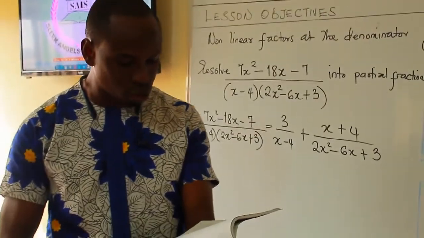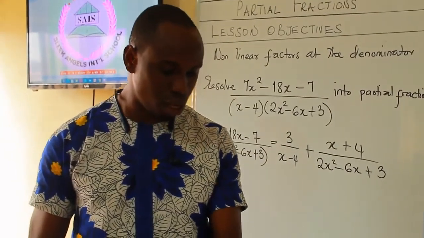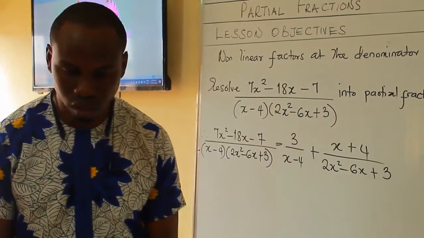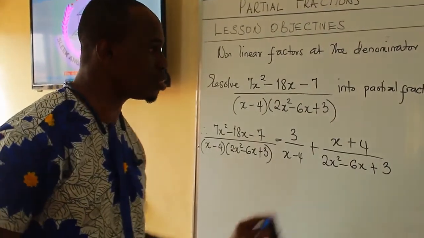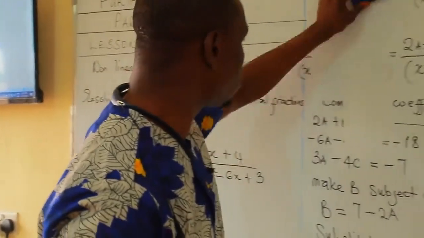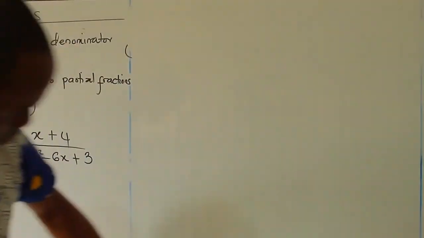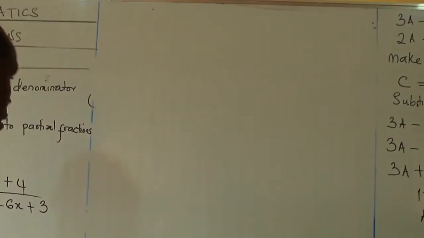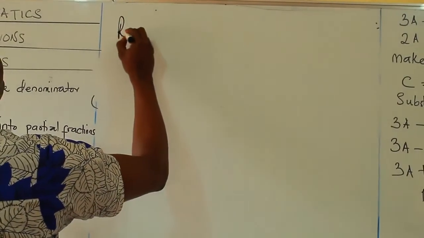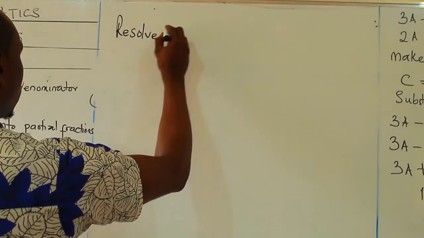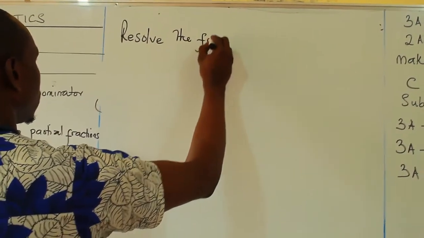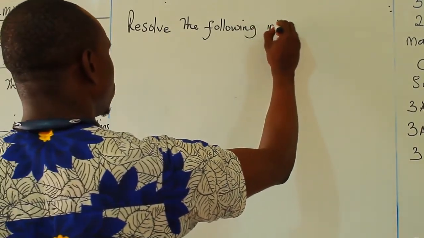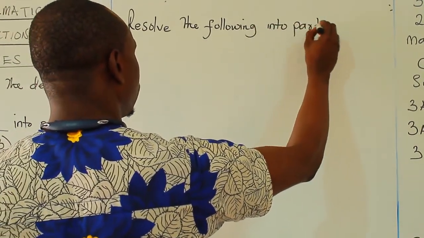The questions are just going to be around the 2 types of partial fractions that we have discussed. So I'm going to clean this section of the board and write down the assignment. The assignments are: resolve the following into partial fractions.